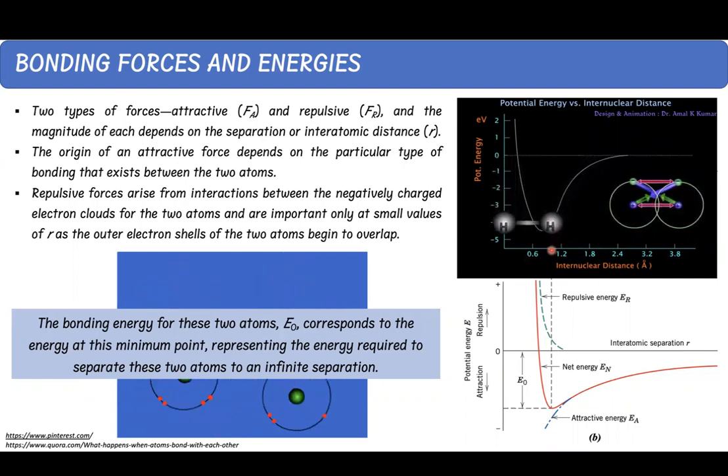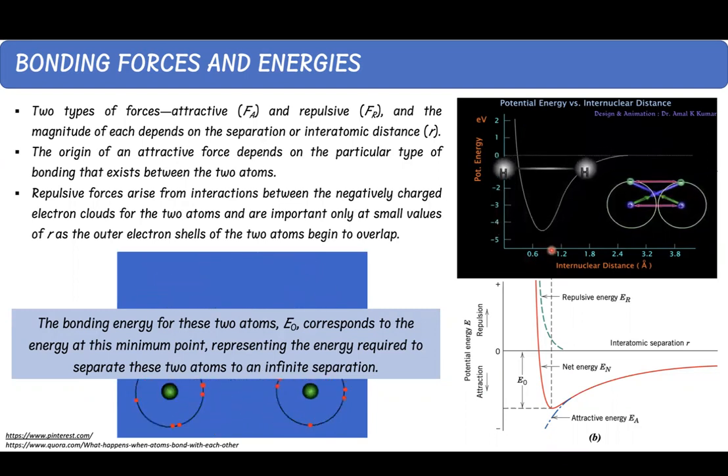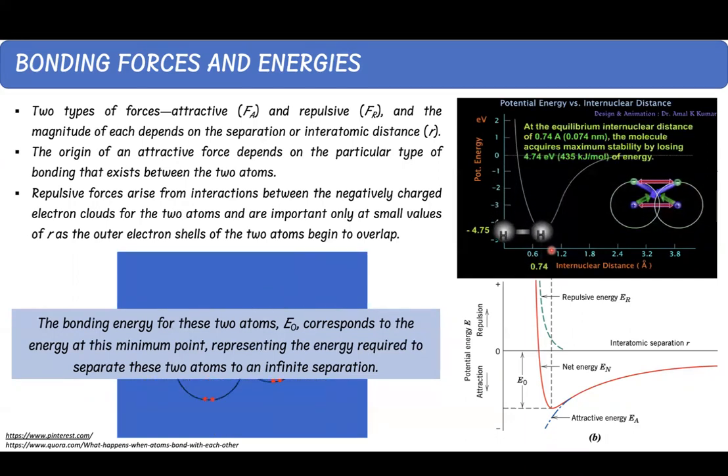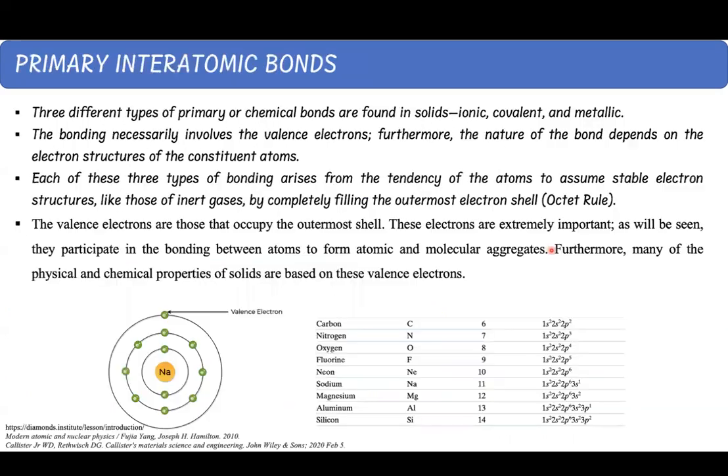This is the energy we call the potential energy or the bonding energy between the two atoms. I hope you are clear about the bonding force and also the energies between the two atoms. So let's talk about the primary bondings.